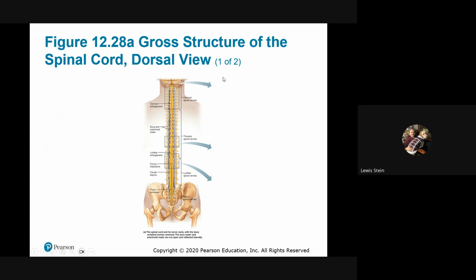What you see consistently is areas of enlargement. The cervical area and the lumbar area are both enlarged because they have additional passages going to and from, respectively, the upper cervical and the lower lumbar.